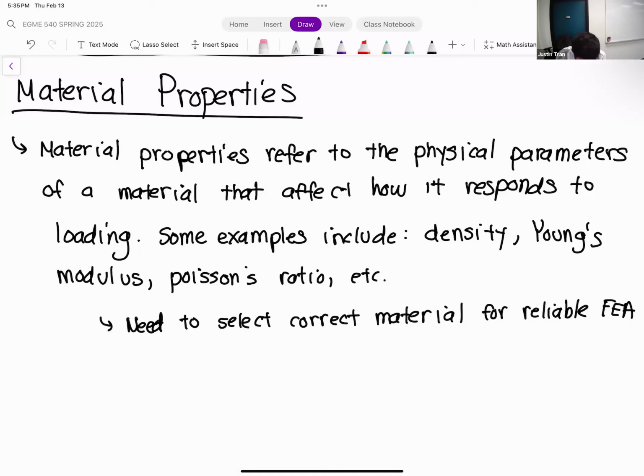Mathematically, remember, finite elements is nothing more than a way to solve differential equations. The material properties enter the equations as what I call scaling parameters.